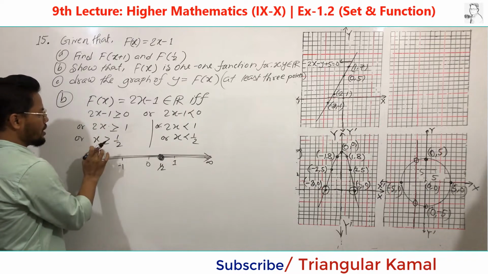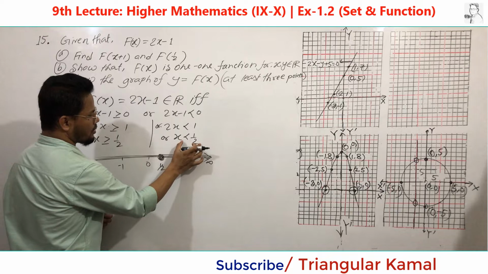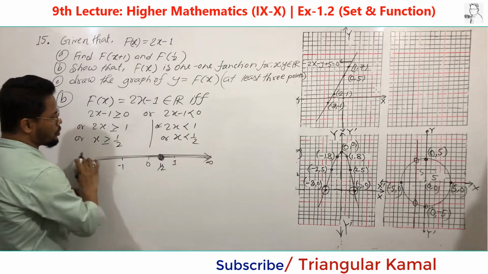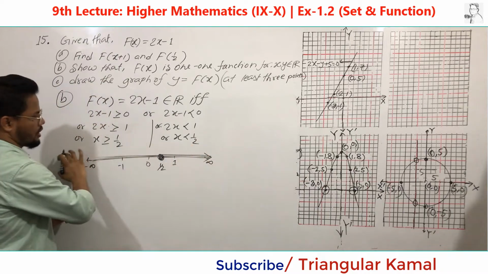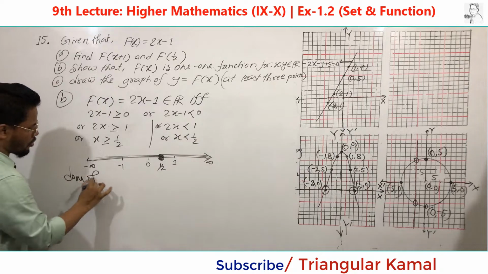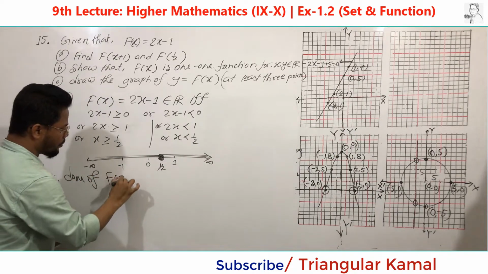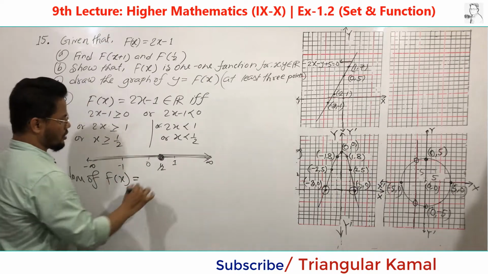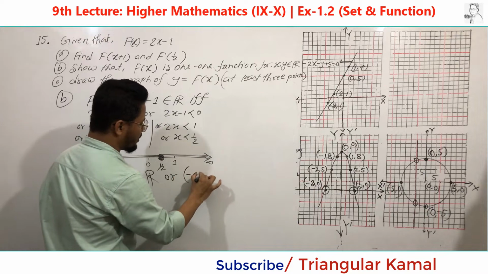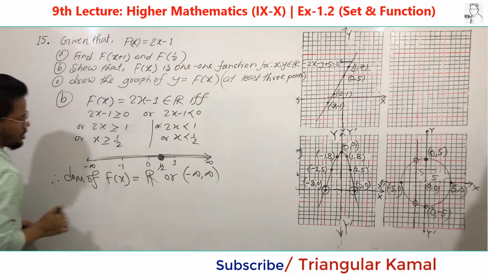So the two conditions: x greater than or equal to half indicates the right side from half, and x smaller than half indicates the left side. So finally we get the whole line, which indicates the domain of f of x equals the set of all real numbers, or you can write minus infinity to plus infinity. Anyone you can write here.